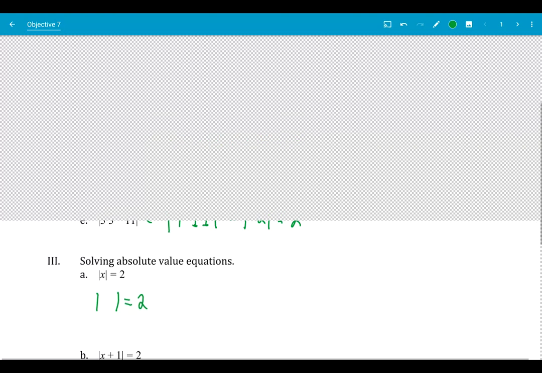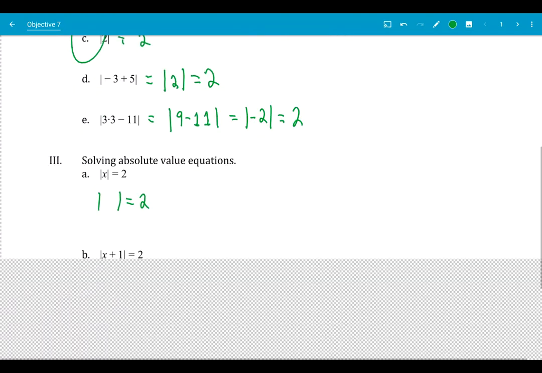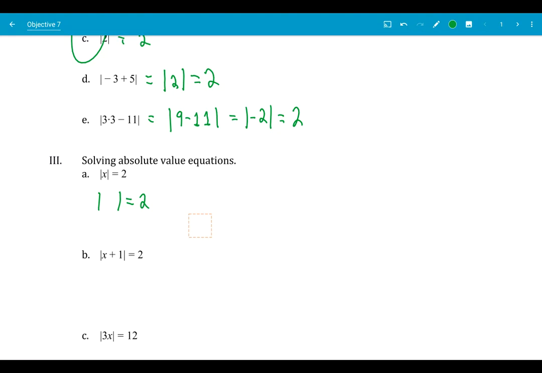As you should be able to see from these two examples above, there's actually two different possible answers. You could plug in a -2 for x, and you could plug in a +2 for x, and both of those would definitely work. So we're going to have two answers here: x could equal -2, and x could equal +2.